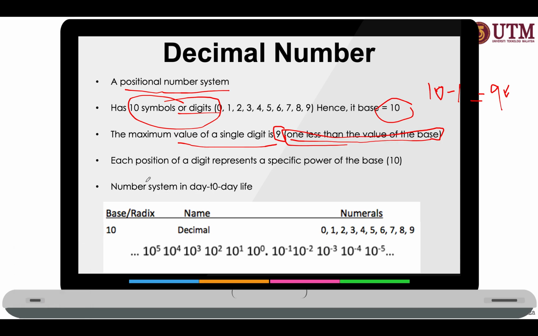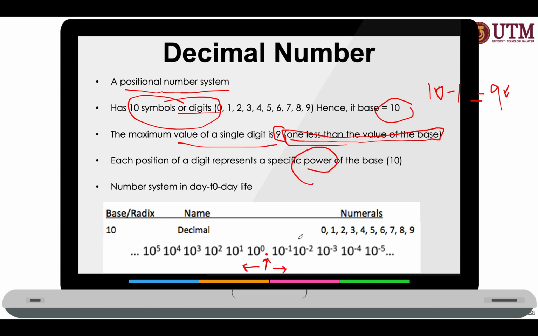Over here we can see each position of a digit represents a specific power of 10. First, we need to see where the starting point of the number is, which is the dot over here, which we can call the point, or also a dot, of course. If we go to the left, we have the positive side, and if we go to the right side, it is negative.